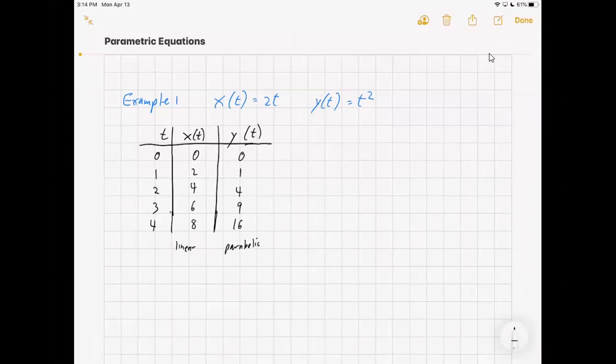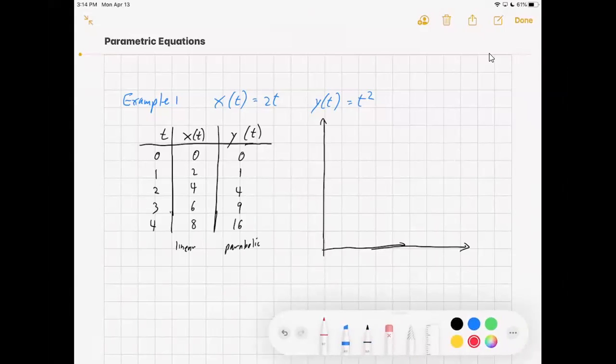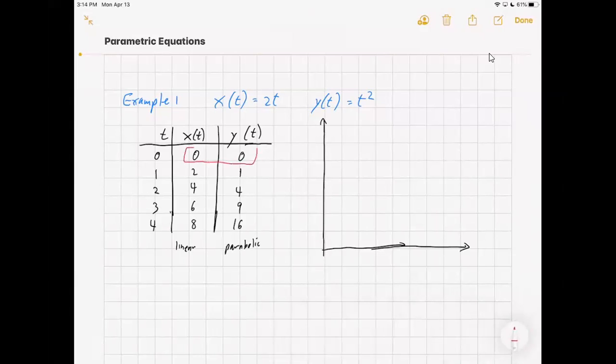Right, now if we go to graph this, let's make a graph. We only need the first quadrant, so let me put the graph like this. We may run off of the graph, but we can put these points onto the graph. The first point would be at 0, 0.